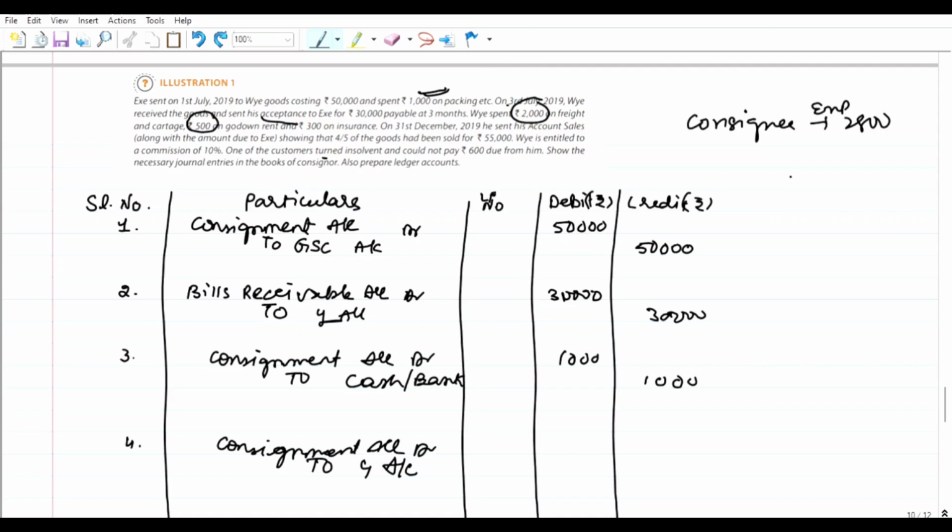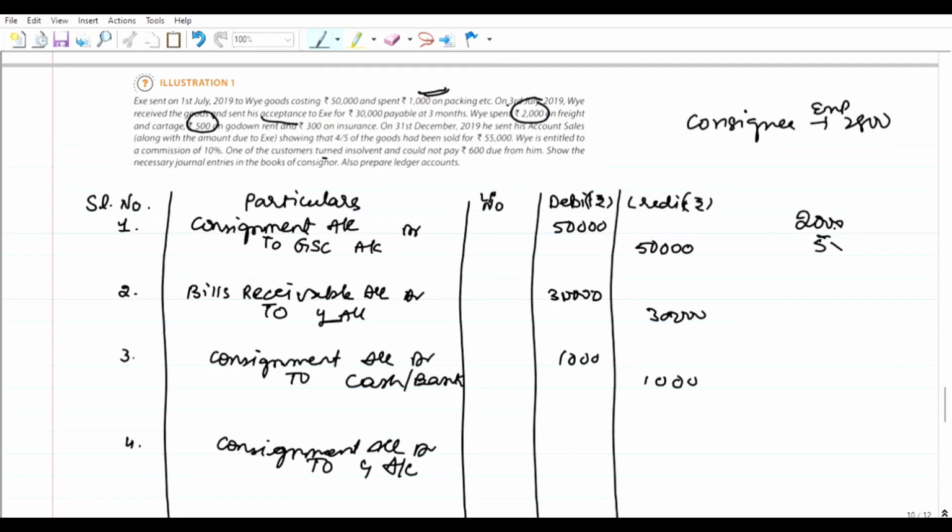Here there are 2000 rupees for freight and 500 for cartage, and also for godown rent and insurance rupees 300.